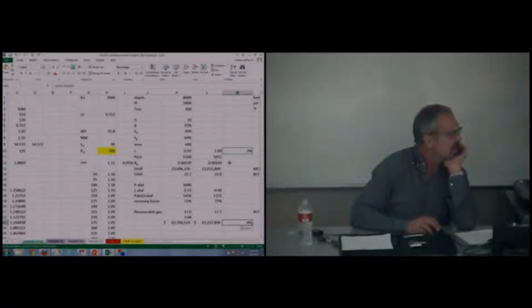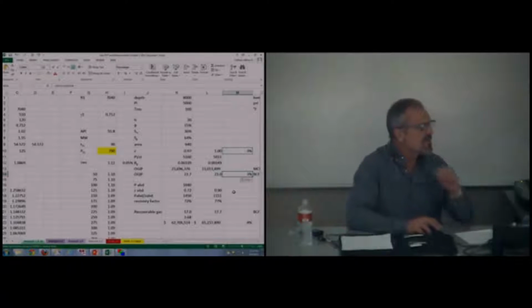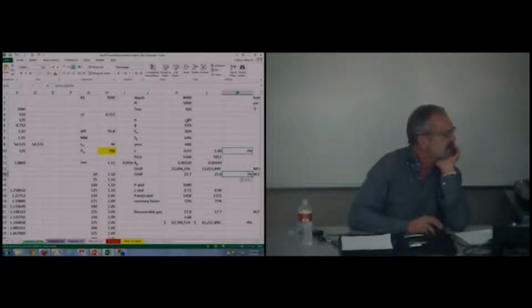It's not quite as bad as I thought it might be. Let's see how about gas in place. Yeah, 3-4% error. I'm surprised I'm not getting a little bit more.